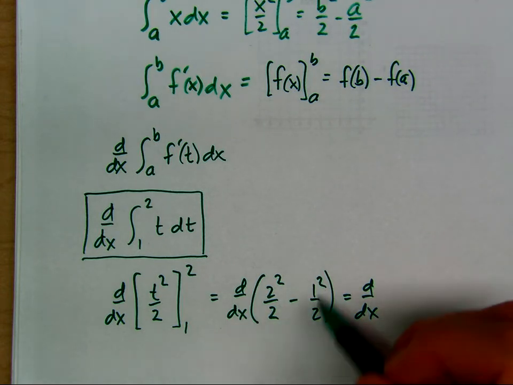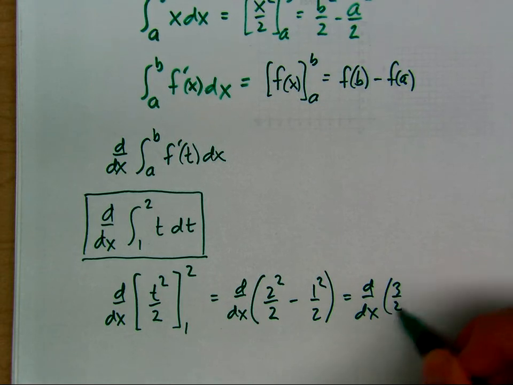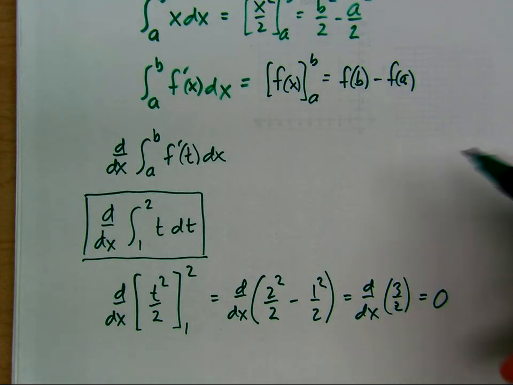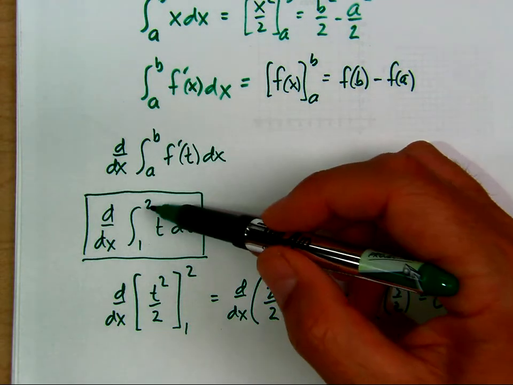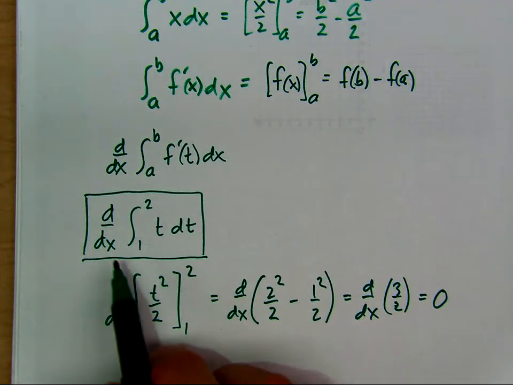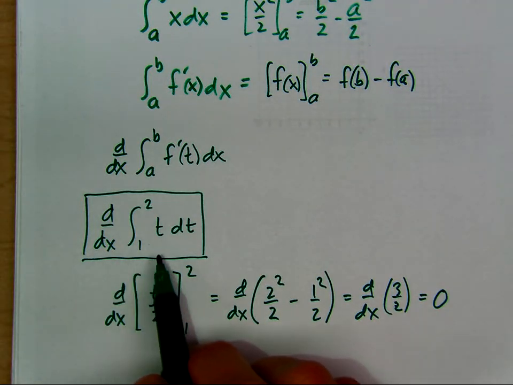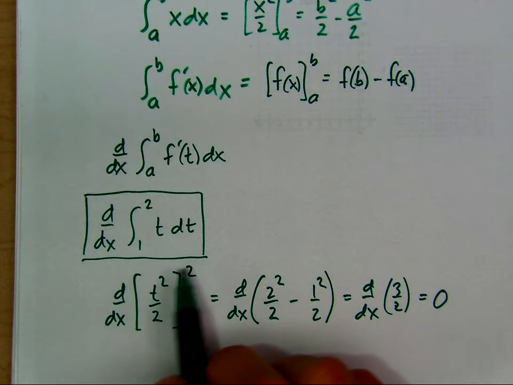It doesn't matter what this is, it's 3 halves, but the derivative of a constant is 0. So if we have constant limits and we're taking the derivative, there's nothing special that's going to happen. We already know that's going to be 0.